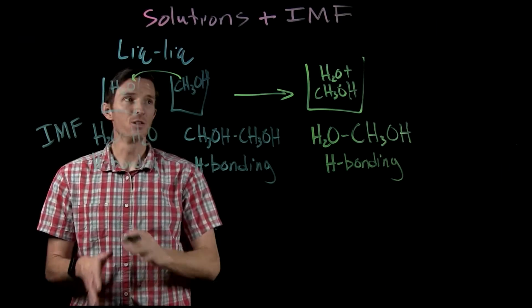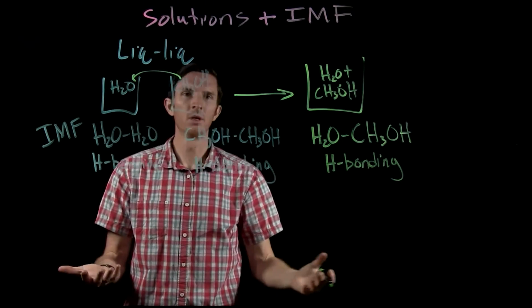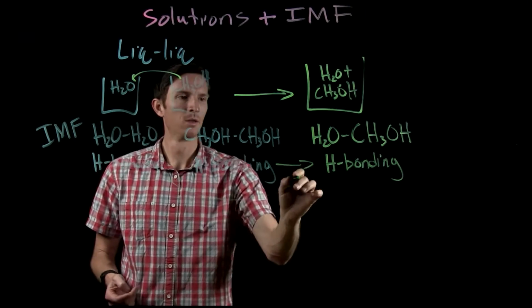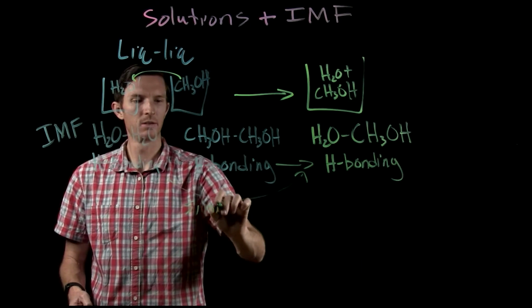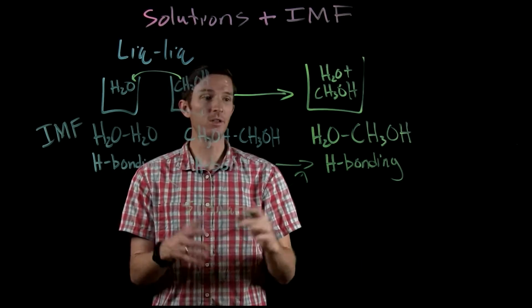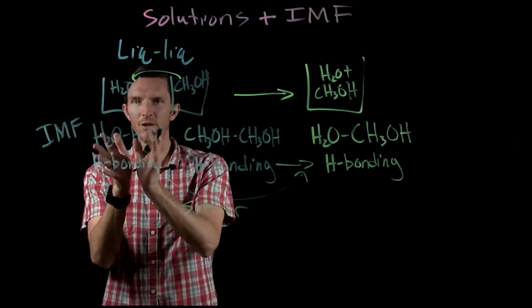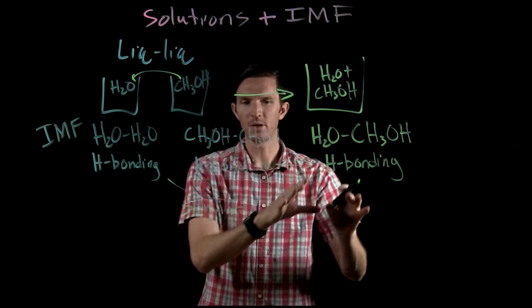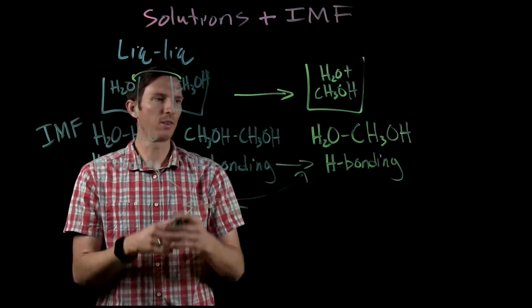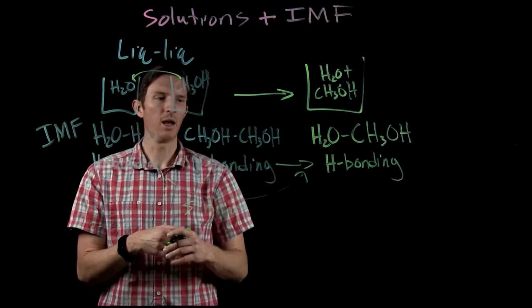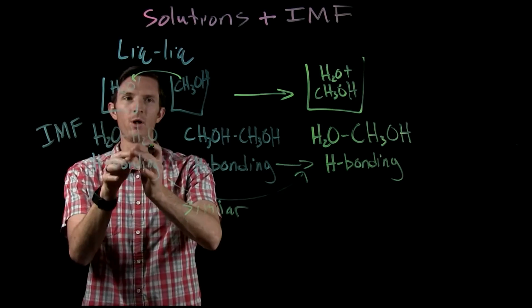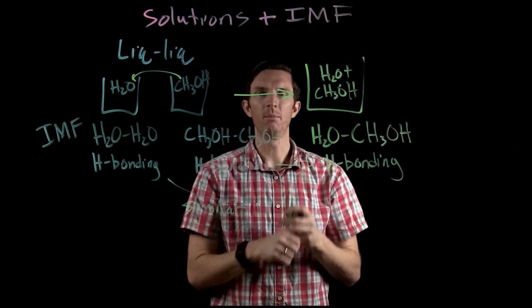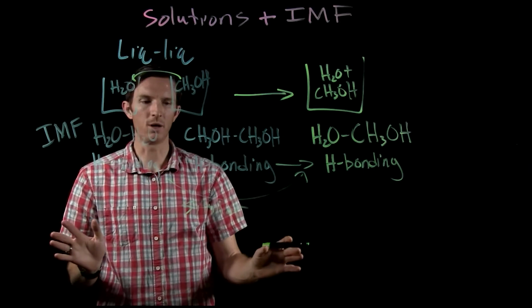So once we mix these together, we can see they have similar strengths of attractions between the individual separate pure substances and the mixture. There are similar strengths of attractions between water and water, methanol and methanol, and water and methanol; they're all hydrogen bonding.